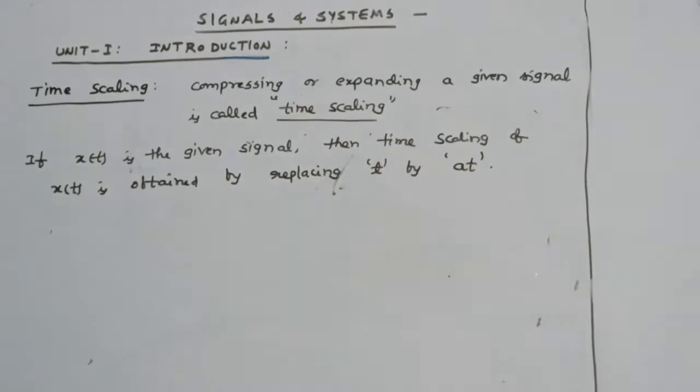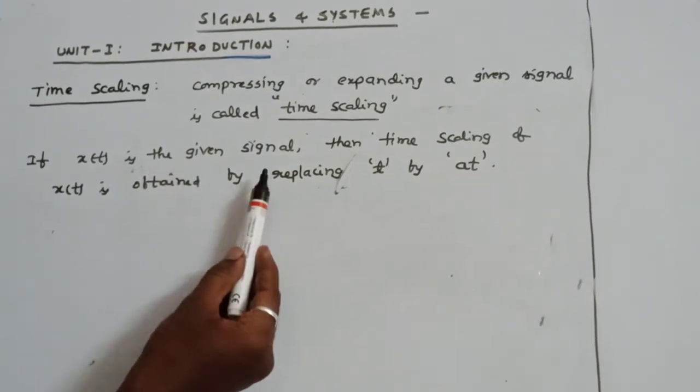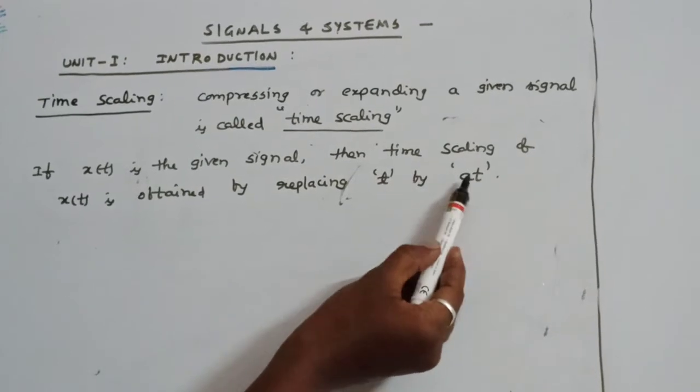So this is the definition. The time scaling of x of t is obtained by replacing t by at.